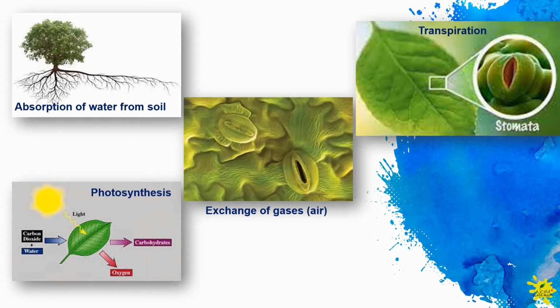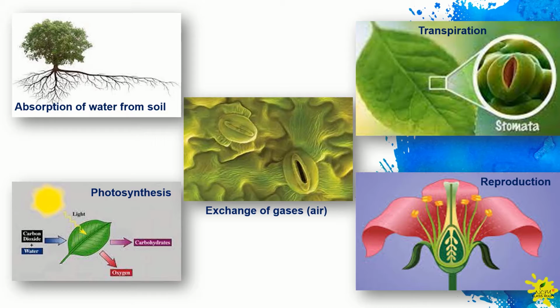Transpiration is the removal of excess water, and it is carried out by stomata. Reproduction is usually done by flowers. This is sexual reproduction.